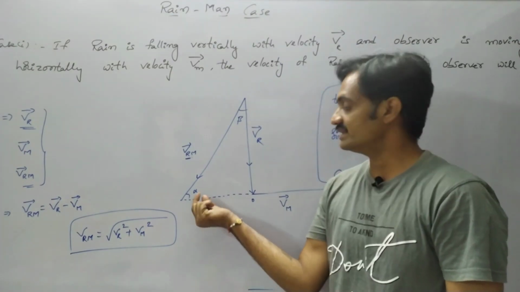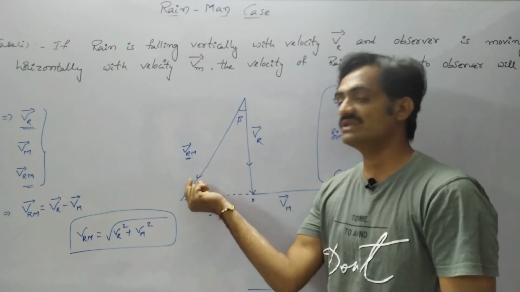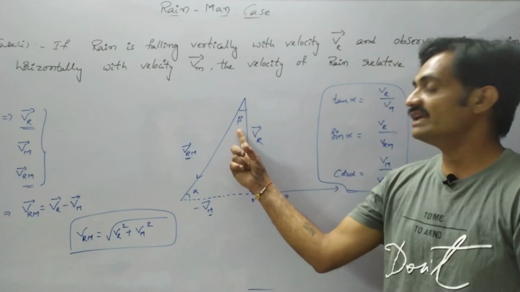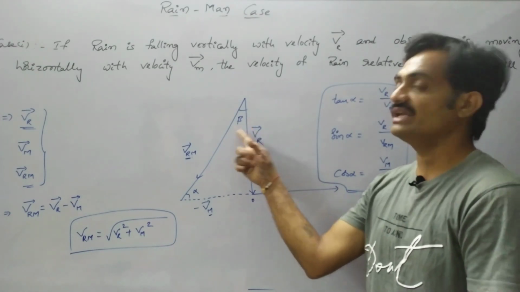So here we have represented this alpha as the rain which is visible to the man who is moving in the forward direction, whereas beta is nothing but the angle with which the man is going to hold the umbrella.